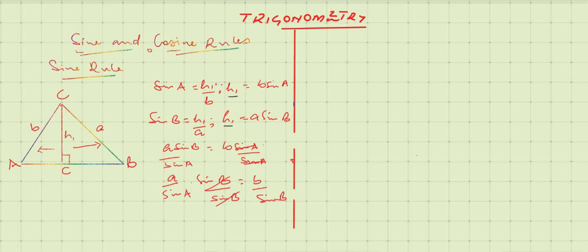We find that a over sine A is actually equal to b over sine B, and we can say this is a fact. Let's name it fact 1.